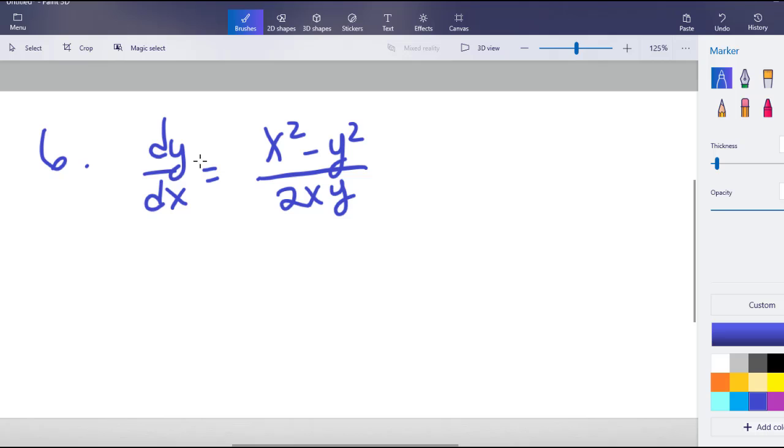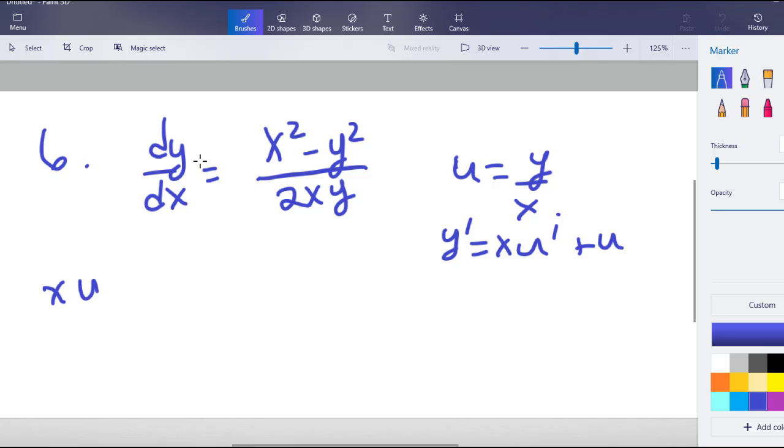The homogeneous method begins by making the substitution u equals y divided by x, and that implies that y prime is x u prime plus u. In the method that we developed for solving these equations, we replace x by 1 and y by u everywhere in the right-hand side of the equation. We'll end up with x u prime plus u equals 1 minus u squared divided by 2u.